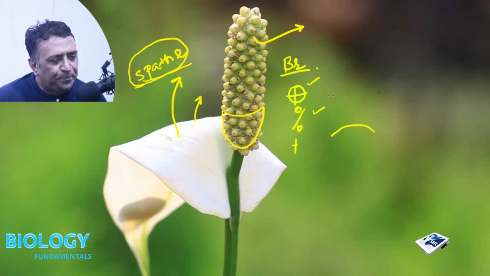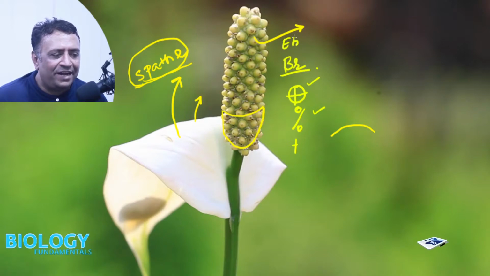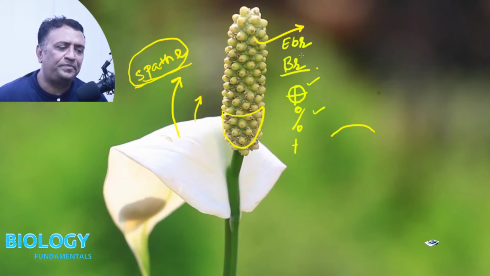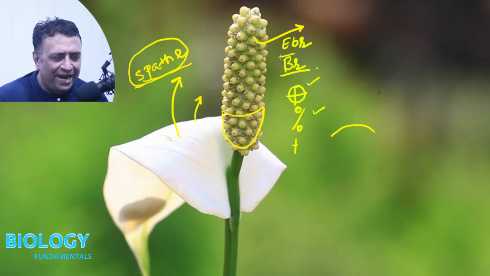Fine. So flowers which lack bracts are symbolically represented as EBR, ebracteate. Those having bracts are called bracteate.